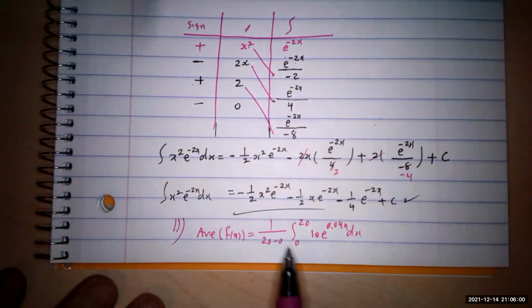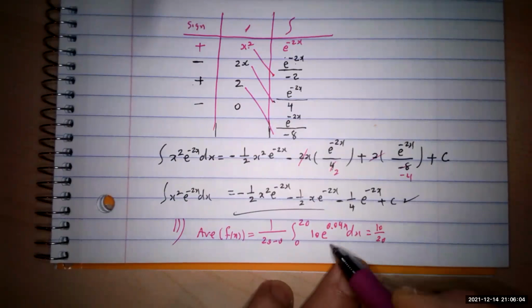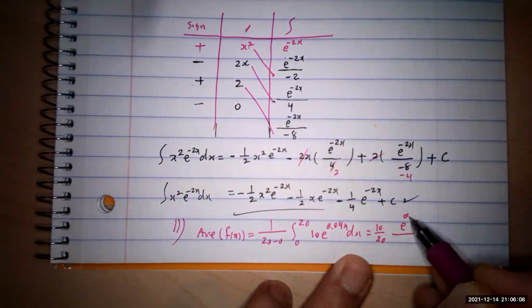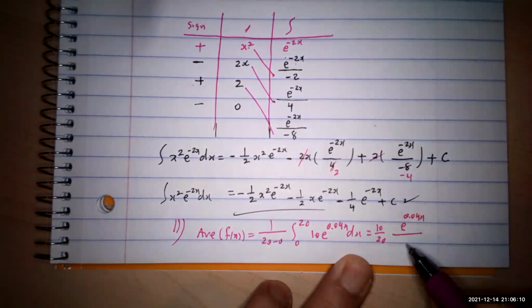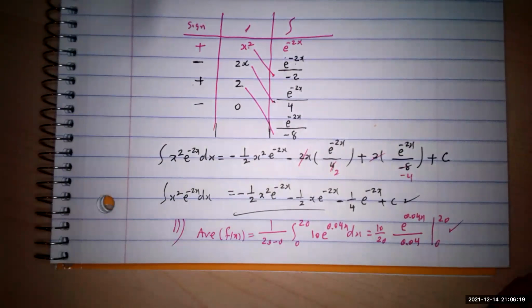You put out the 10, so that gives you 10 over 20. And you integrate this one with the shortcut, e to the 0.04x divided by 0.04, evaluated from 0 to 20. Use your calculator, get the numbers. It's very like the one that we did, and everything else is the same. Any question? Anyone want me to explain?